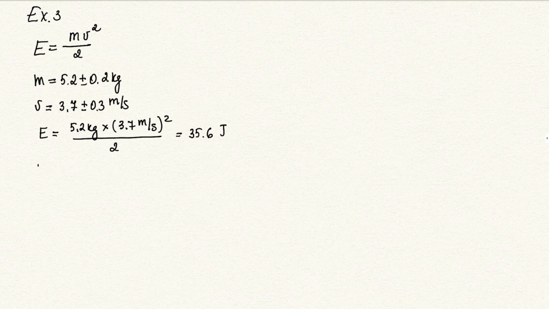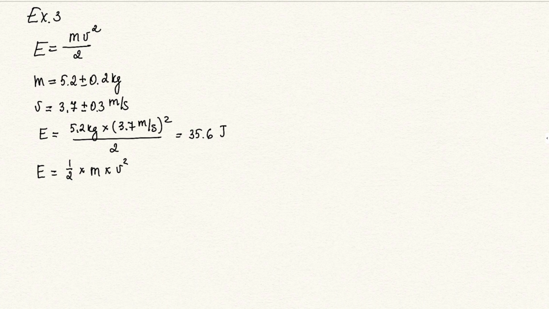So now the uncertainty here is going to be a little tricky. And I'm going to write out my equation for the energy like this. It's 1/2 times m times v squared. So you can see that in front here we have a constant which doesn't have an error, and we know uncertainty in the mass of your object, but we don't know uncertainty in velocity squared, and that's what we're going to calculate first.